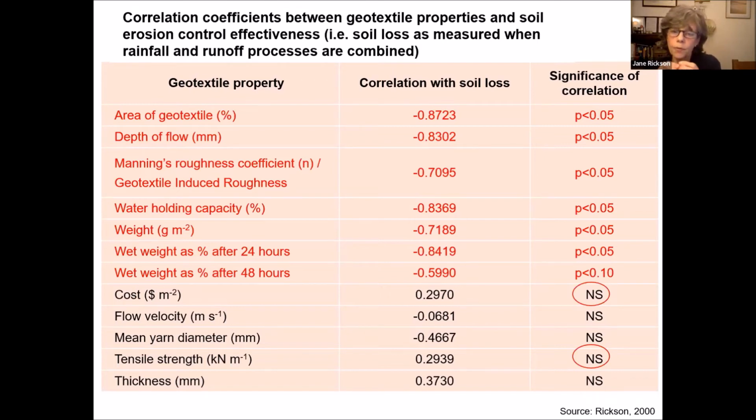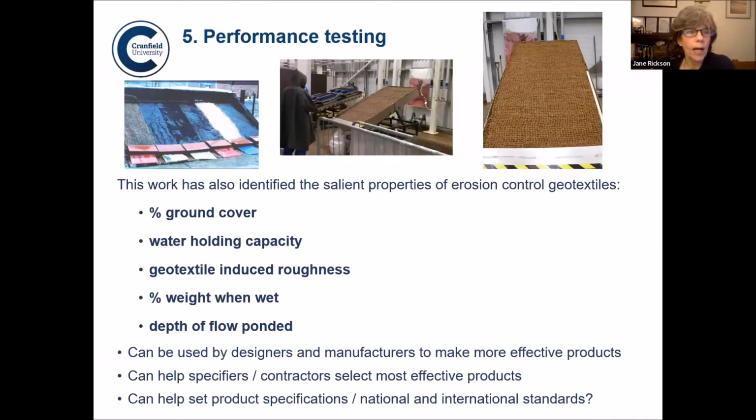And whilst that's important for installation and carrying the products to the site and rolling out the products, once they're installed, tensile strength has nothing to do with the erosion processes operating in the way that I've described them, detachment and transport. You don't need high tensile strength products to control erosion. So I think that's important for specifiers, that they don't put tensile strength as a showstopper if you don't meet the tensile strength required. All right, I need to hurry along now because I'm running out of time.